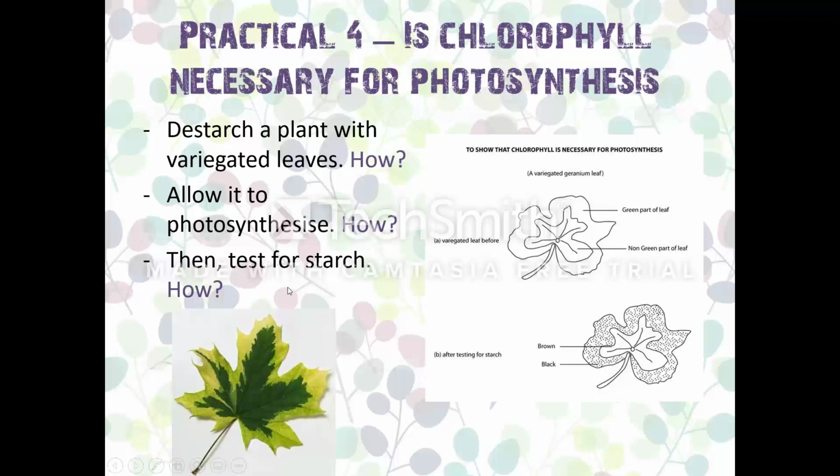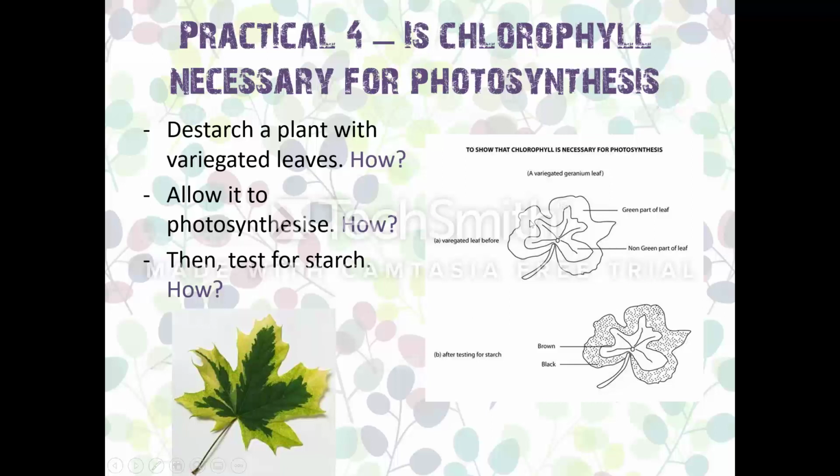Just that picture and this diagram is a bit opposite. Here it shows that the inside is non-green and the outside is green. So therefore, if I put iodine on the non-green part after I've done the starch test, after I've done the boiling and alcohol, etc., then this part over here is going to remain brown.